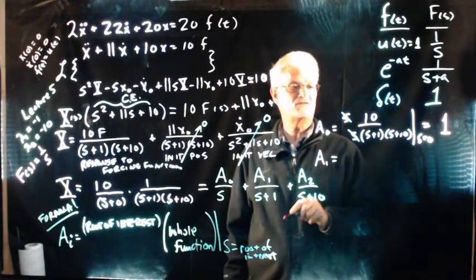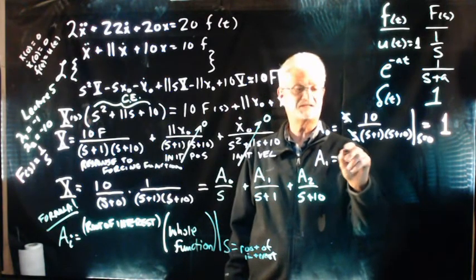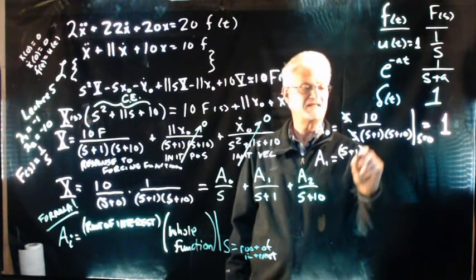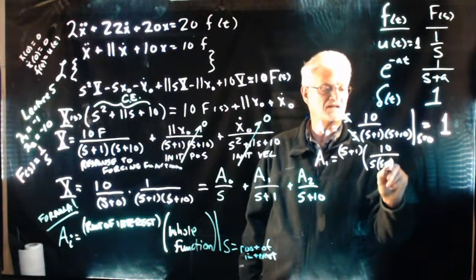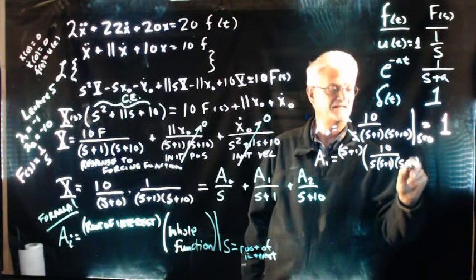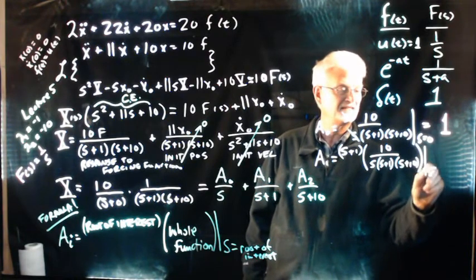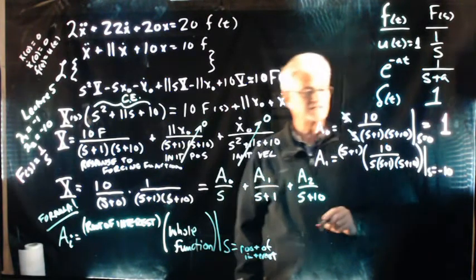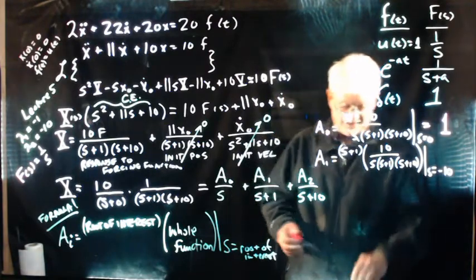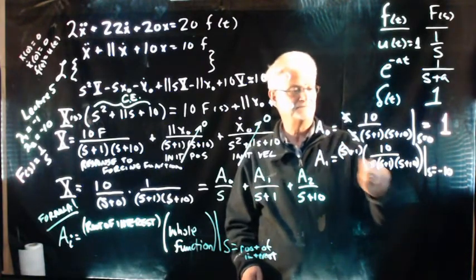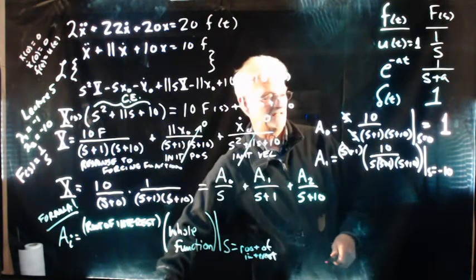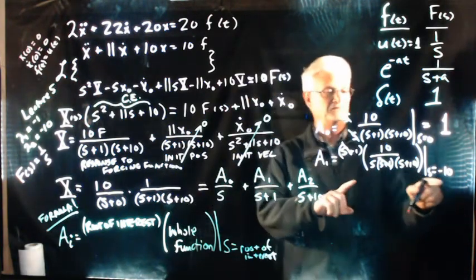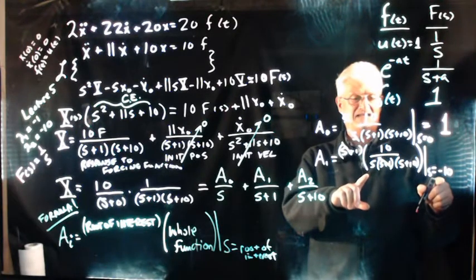And now I'm going to look at whatever A1 is. It's the root of interest, this is s plus 1, times the whole function, which is 10 over s plus 1, s plus 10. Those cancel out.